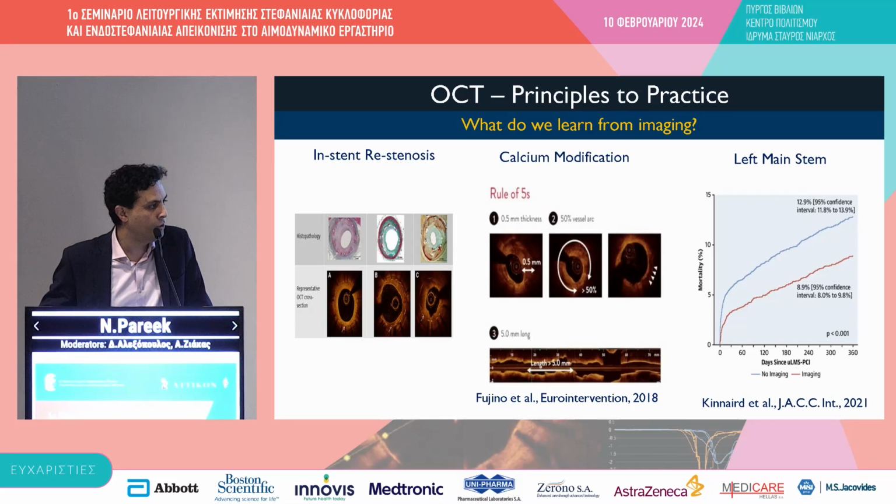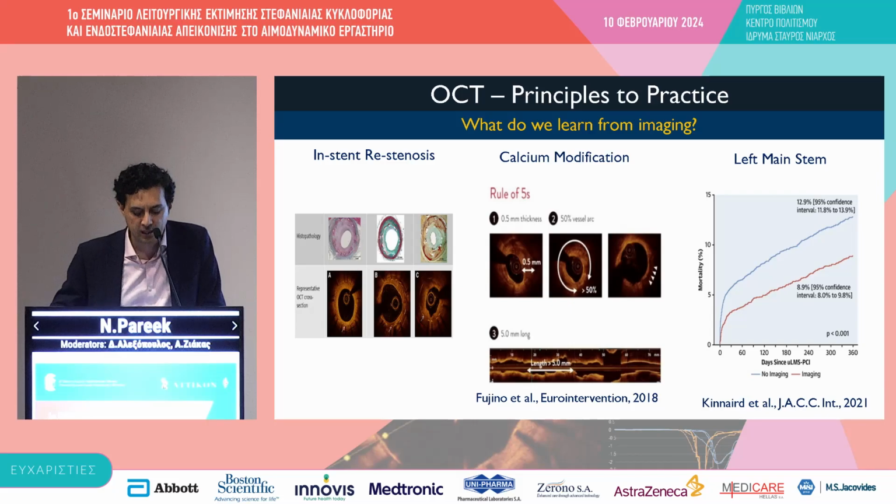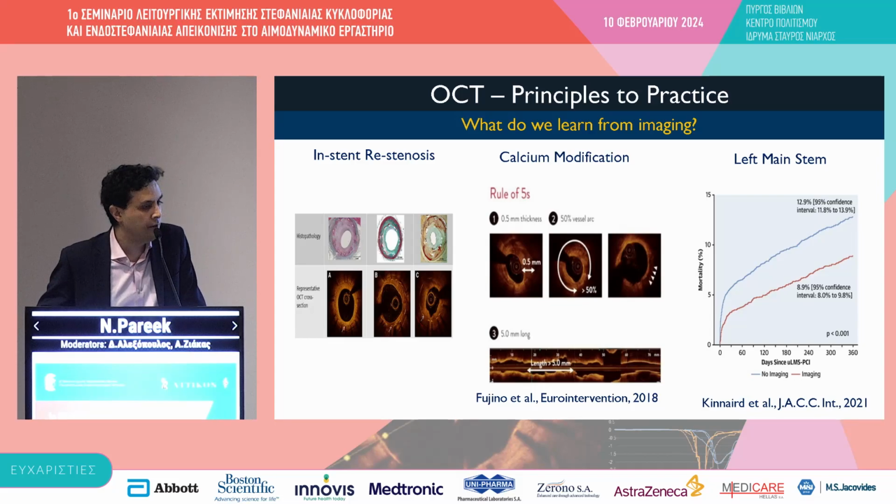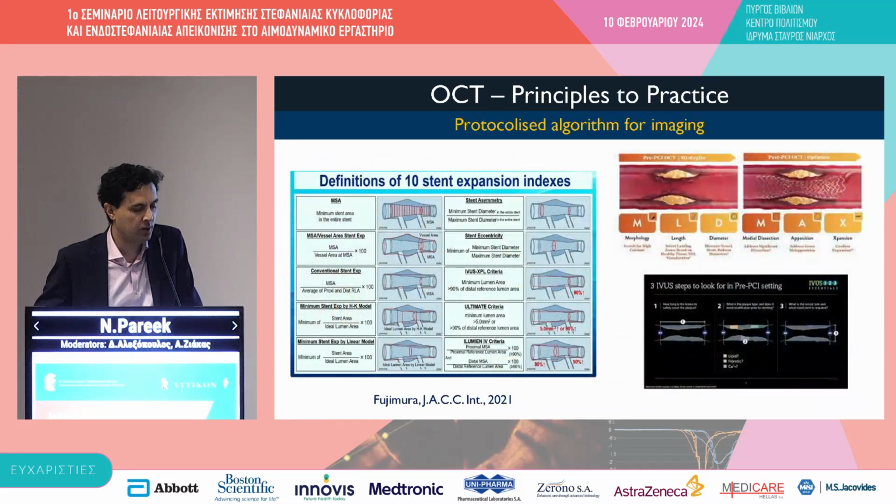We've also had a growth of calcium modification techniques, IVL, orbital atherectomy, etc. And understanding the calcium modification goes hand in hand with intracoronary imaging very well. And finally, of course, the left main stem, where although there's no true randomized controlled trial evidence, there's certainly a wealth of data suggesting benefit for intracoronary imaging.